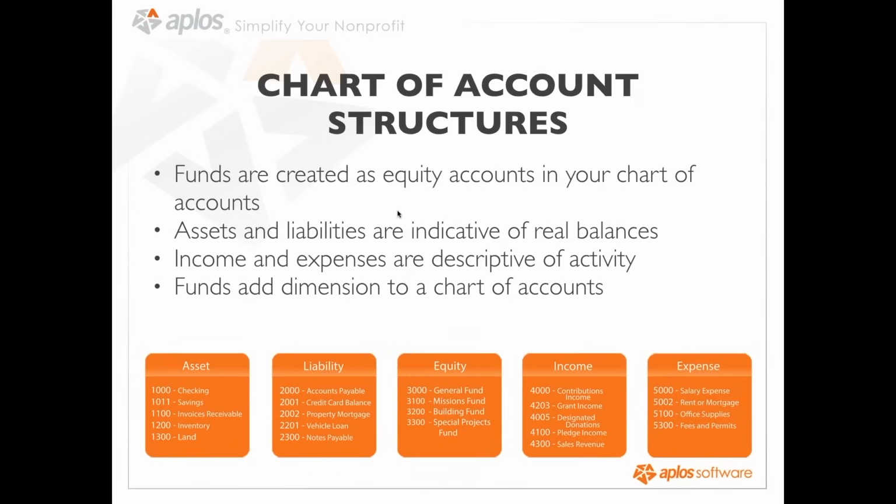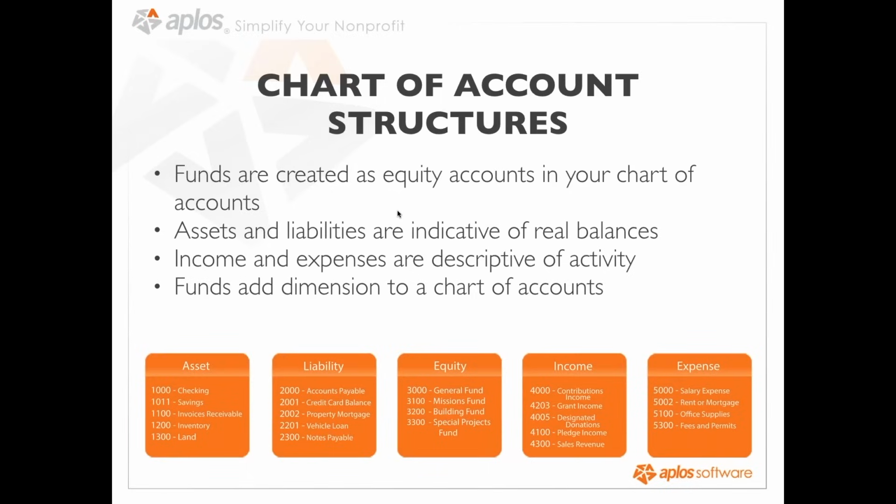You might also have accounts, invoices, or pledges receivable that you need to track. You might also have inventory, land, fixed assets, or prepaid items. All of those are actual balances that you either have yourself or are constructively yours, like a prepaid something. So those are assets.